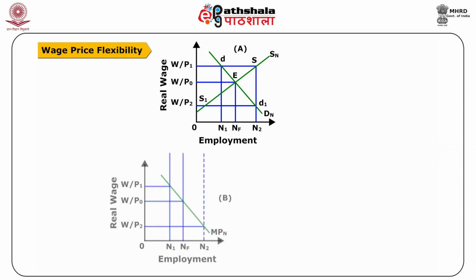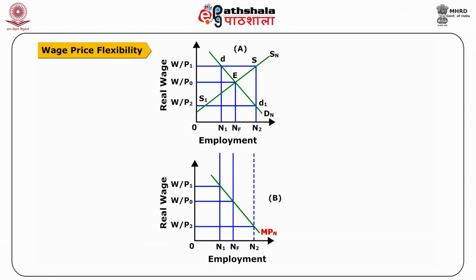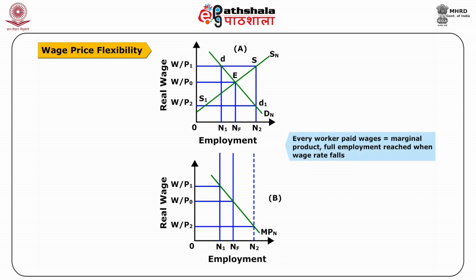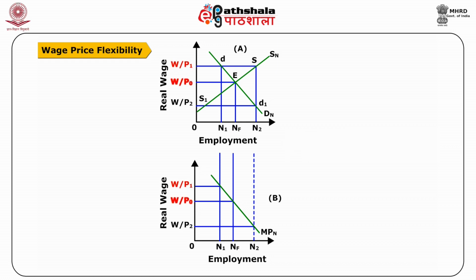This is shown in panel B, where MPN is the marginal product of labor curve, which slopes downward as more labor is employed. Since every worker is paid wages equal to his marginal product, the full employment level NF is reached when the wage rate falls from W/P1 to W/P0.